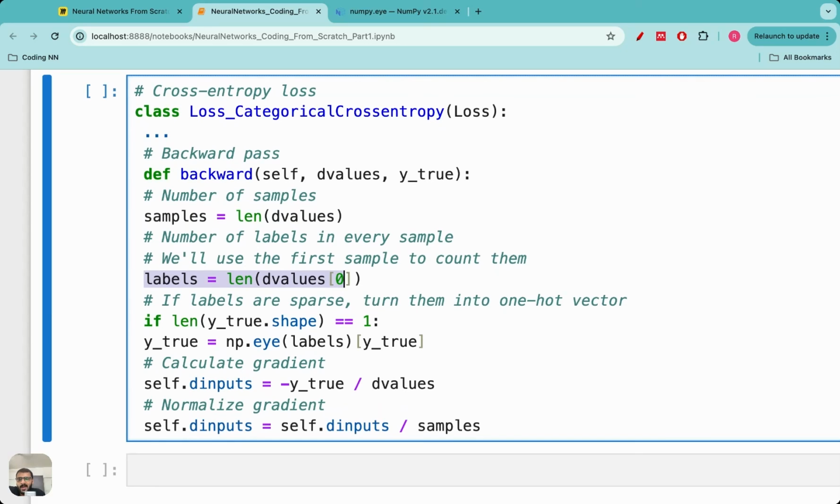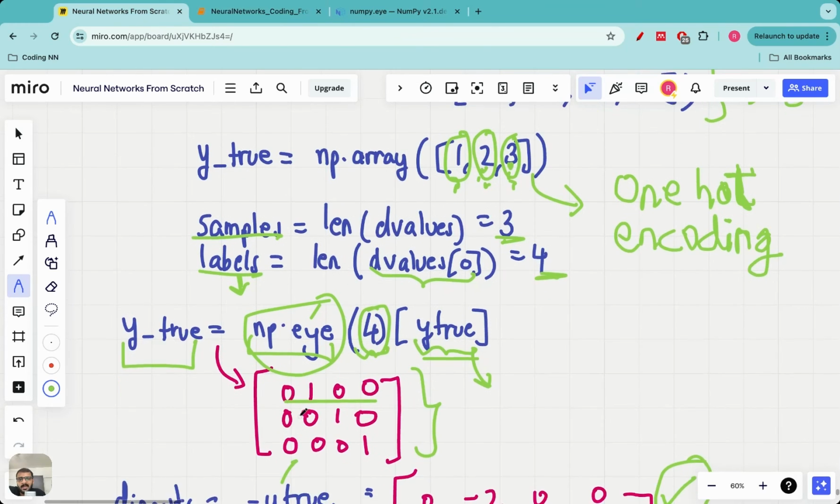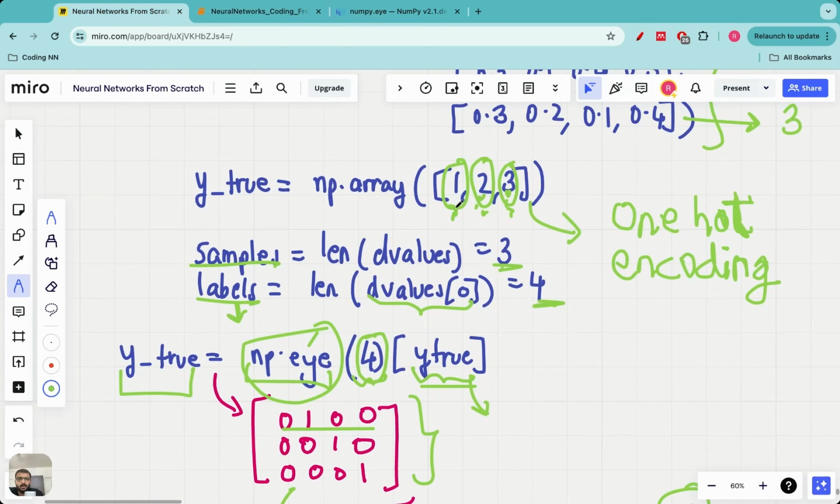Now if the y true is a set of numbers, like it was over here, we need to convert it into a one hot encoded format. One way to check whether y true is a set of numbers is to check the shape of this, and then to check the length of the shape.